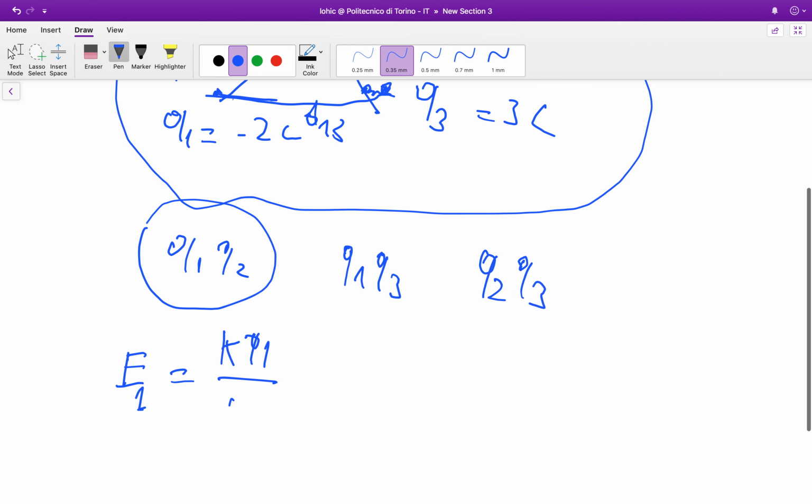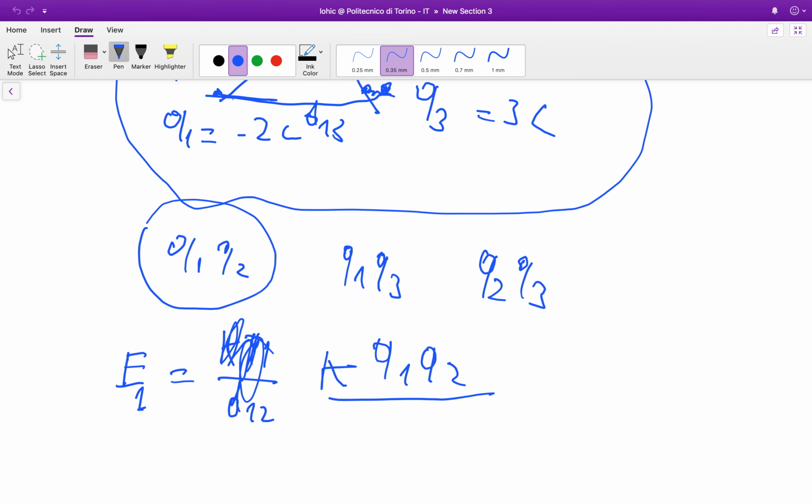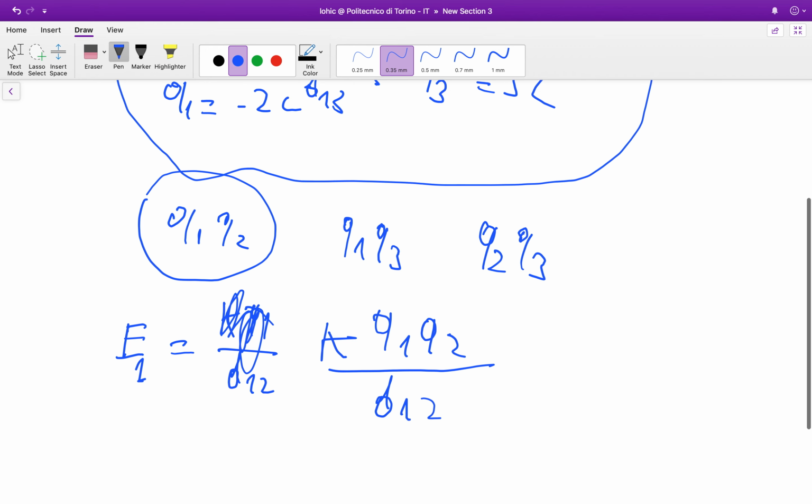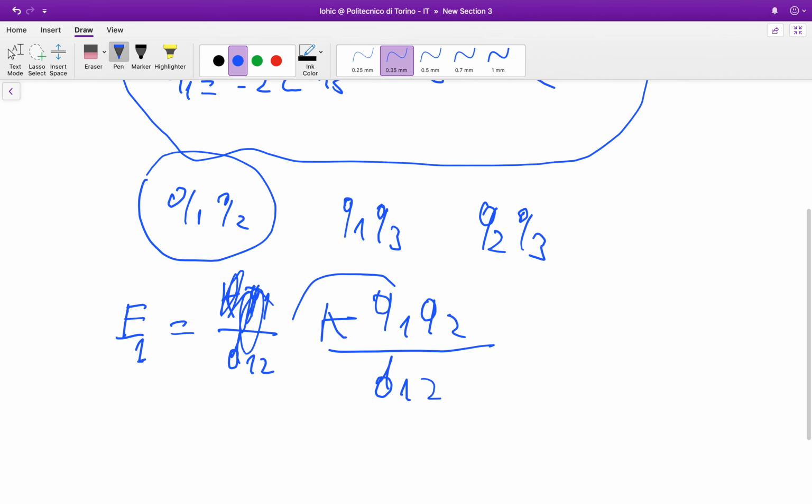So you see that this will be divided by D12, yes or no? Look, this will be the potential multiplied by the charge, and that gives the electric potential energy of this couple.